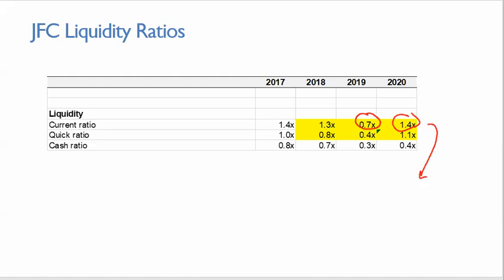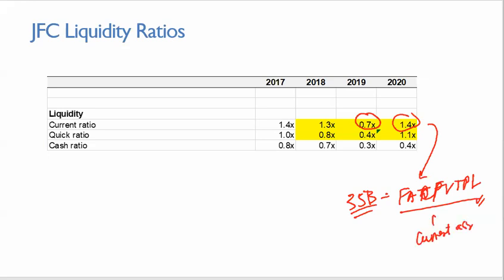Because remember, in 2020, they had a lot of financial assets at fair value through profit or loss. Specifically, 35 billion. And this is a current asset. So it boosted its current ratio.